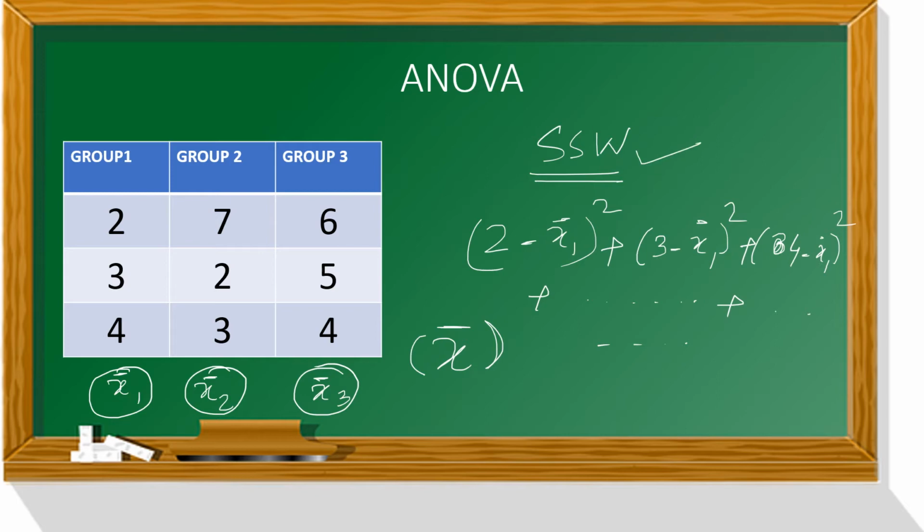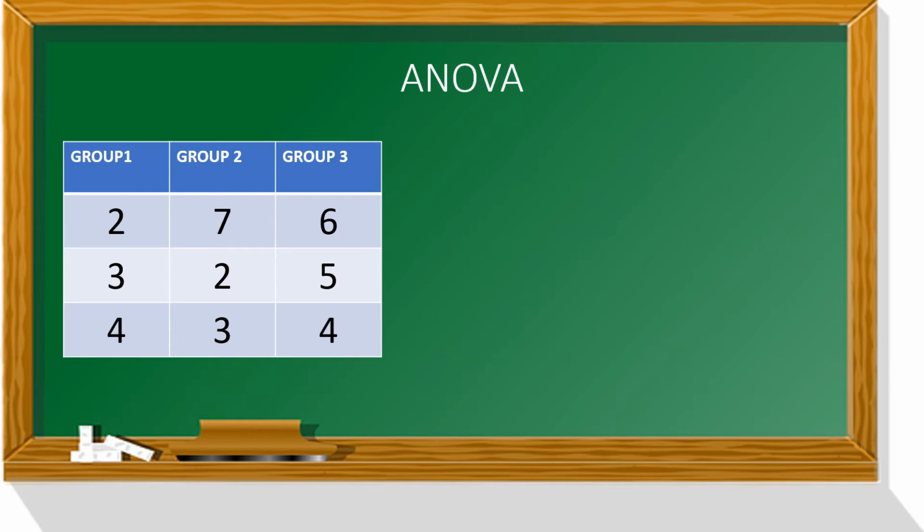Now after we have calculated SSW, we will calculate the sum of squares between the groups. For that, we will take the grand mean, which we have already calculated, x bar. We will subtract the group mean, which is x1 bar for the first group, x2 bar for the second group, and x3 bar for the third group.